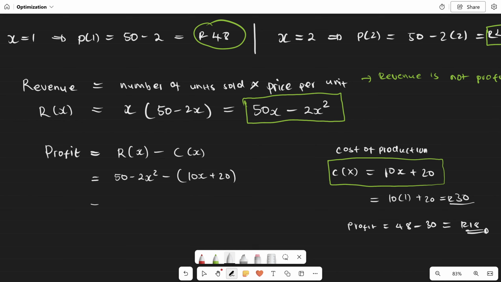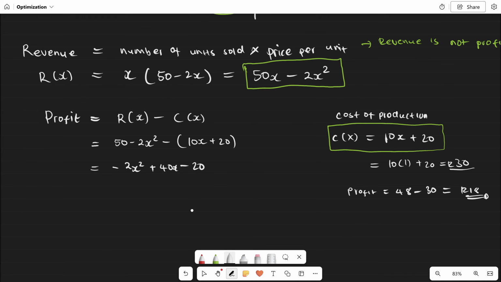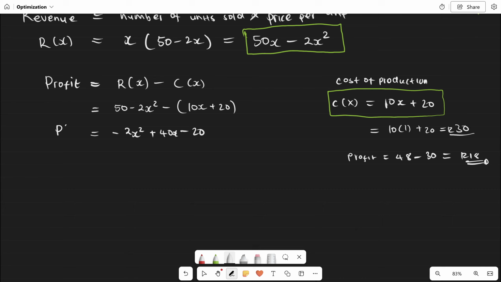So this gives us negative 2x squared plus 40x minus 20. So this is our profit function, our P of x.